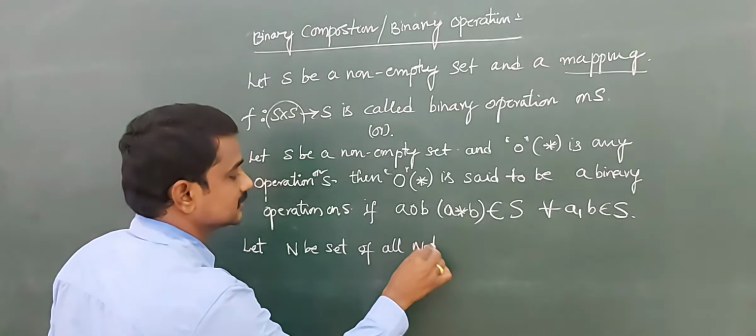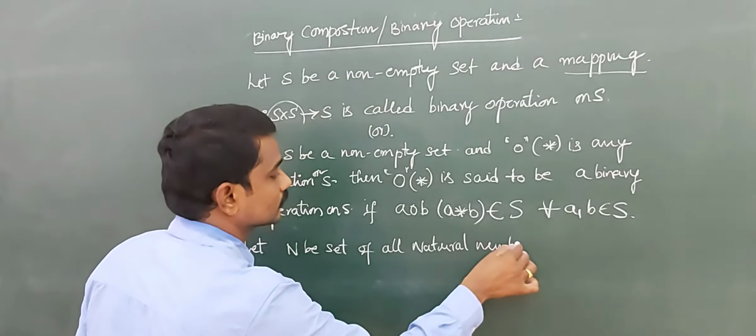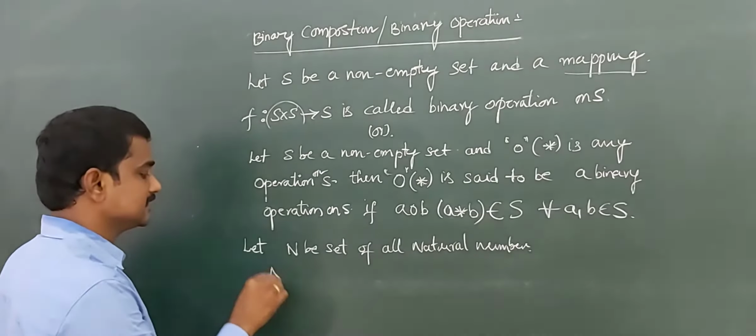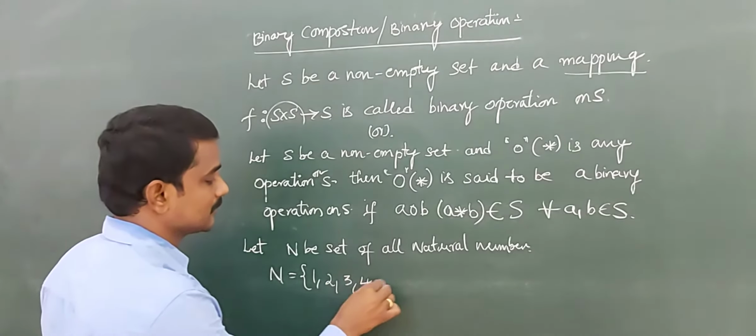Natural numbers are N equal to the set 1, 2, 3, 4, and so on.